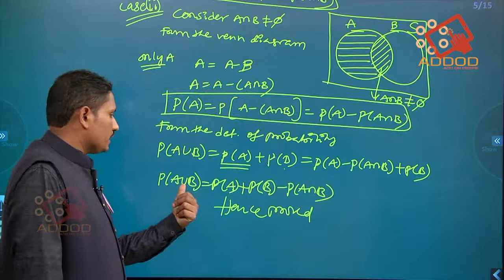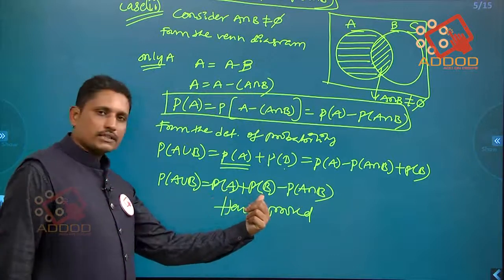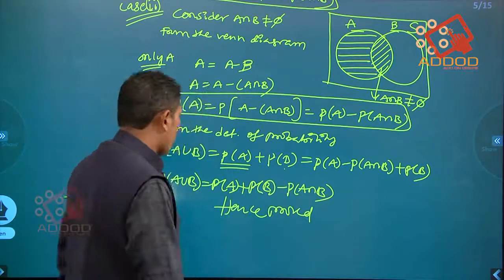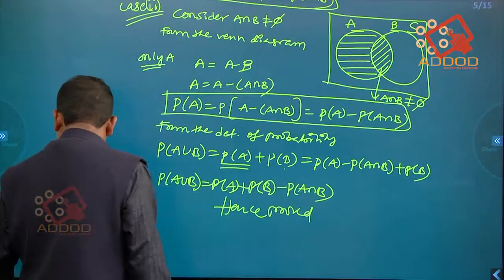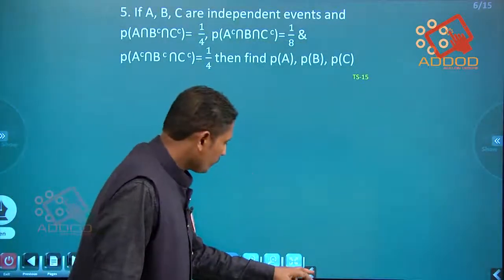P of A union B is equal to P of A plus P of B minus P of A intersection B. Now go to the next question.